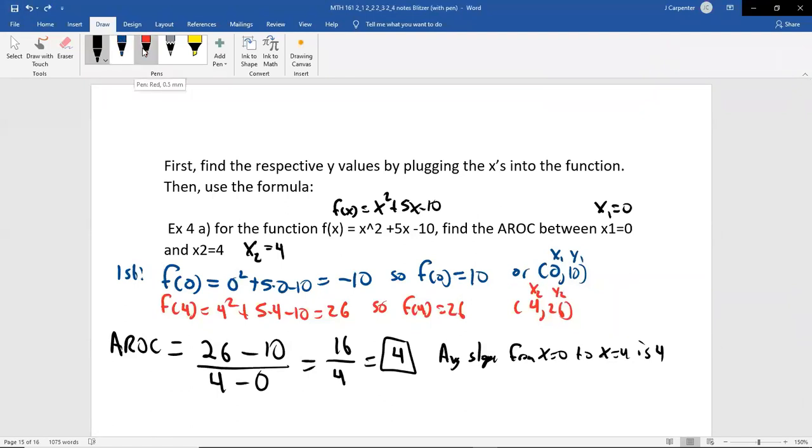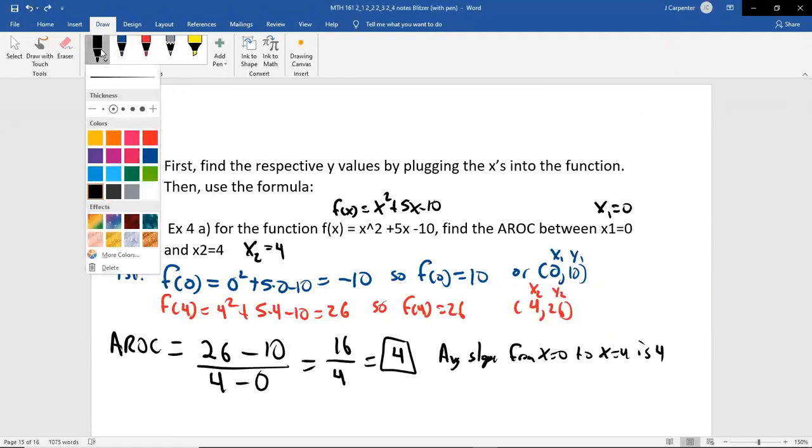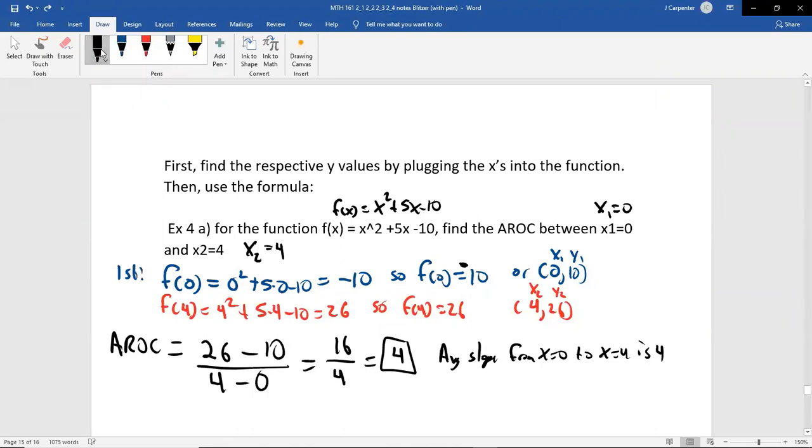I'm going to do them in black so you can see it. The f of 0 is negative 10, which says that should have been 26 minus negative 10. I'll put it in red here for the change. So again, that should be 26 minus negative 10, not 26 minus 10. I'm sorry about that.